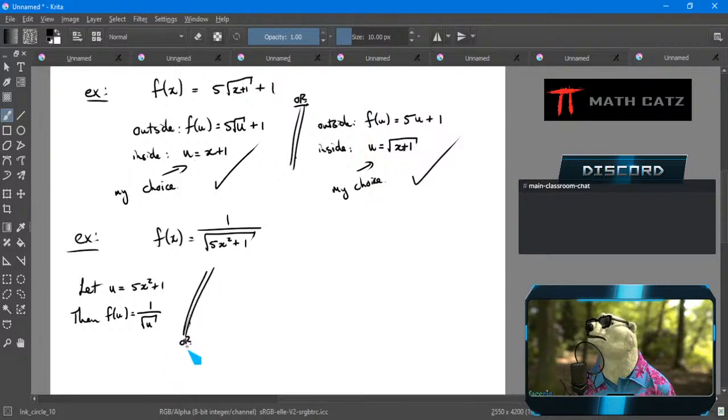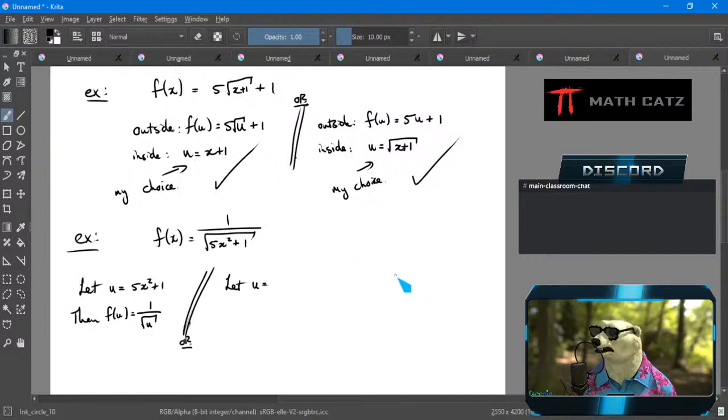But there are others. I can think of at least two others. There are more, but we don't have to get too fancy. There are at least two other obvious ones. Can you in the audience see another option for what I could have chosen u to be?